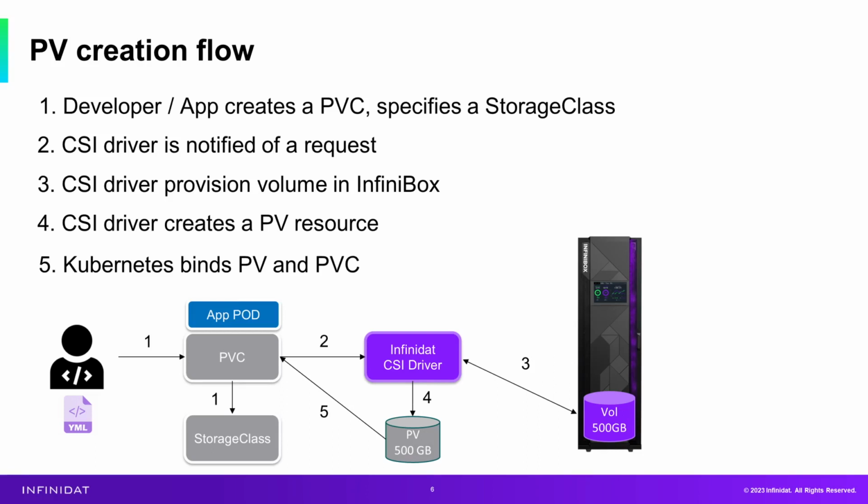Then the CSI driver is notified of the request to create the volume, like 500 gig, and it creates a PV. There is a binding from the PV to the PVC, and then the application sees the 500 gig. This is what happens behind the scenes when running a PVC spec.